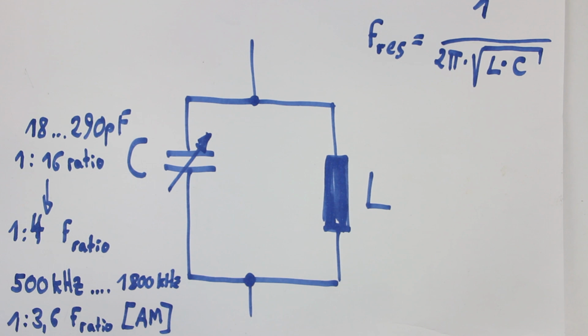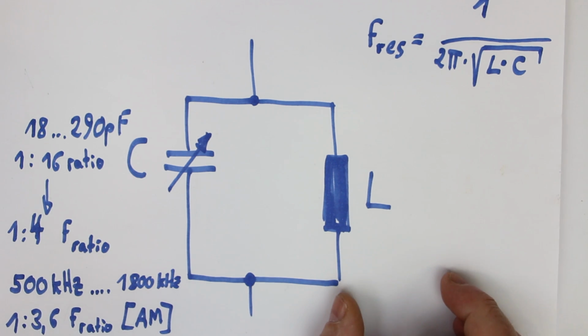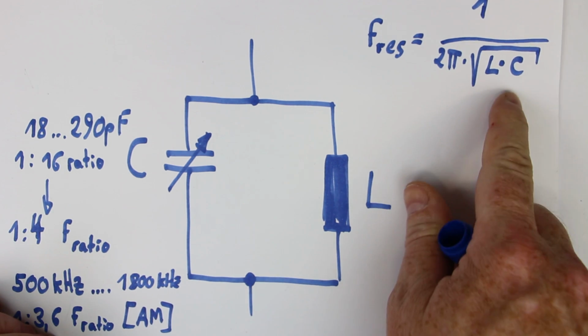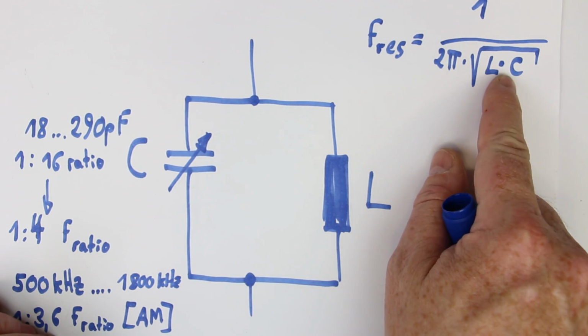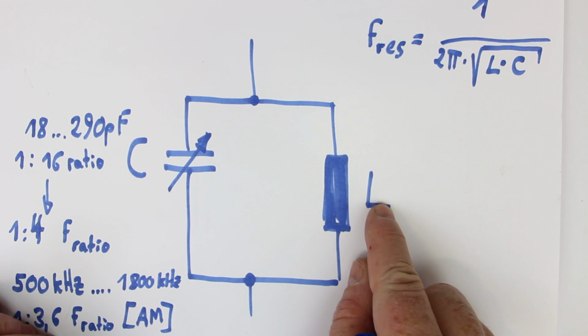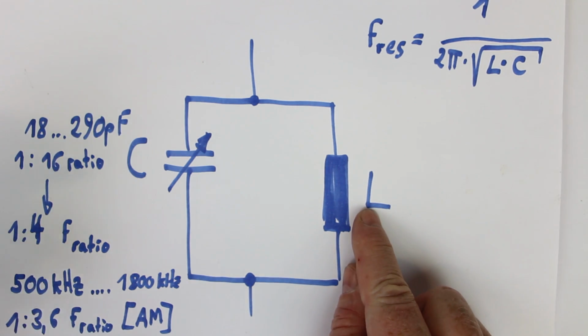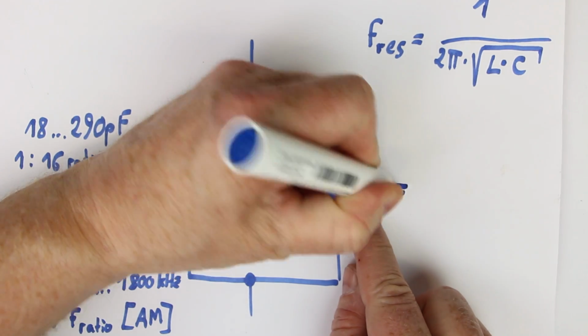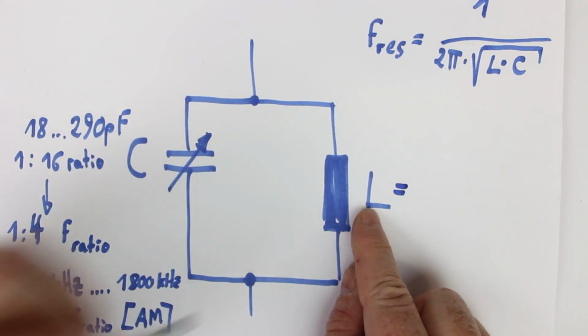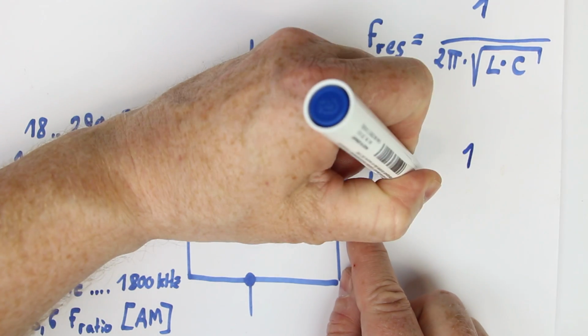Now, I promised you only one formula in this video, but we can play around a little bit with this formula, because we now want to calculate the value of L, and even if you have forgotten your high school math, it's quite simple.